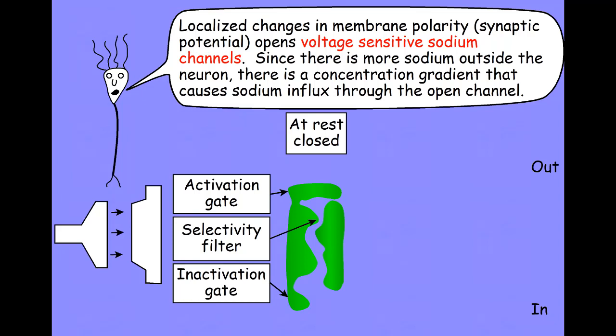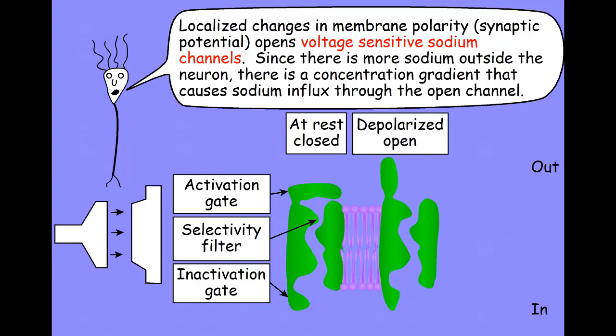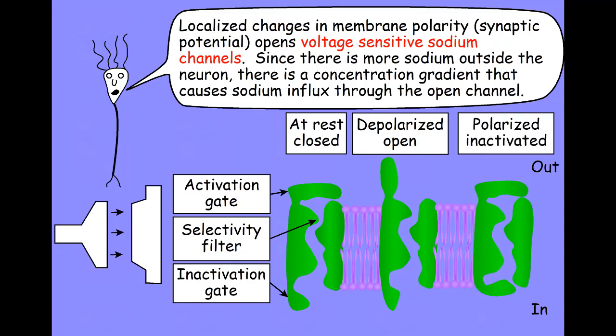And then it's got an inactivation gate. When we get that local depolarization, the activation gate opens up and we have a rapid sodium influx into our neuron at a local level.